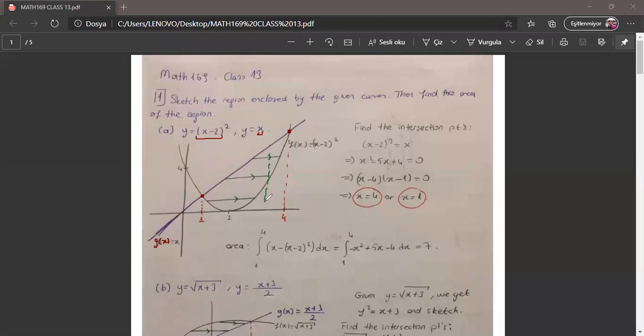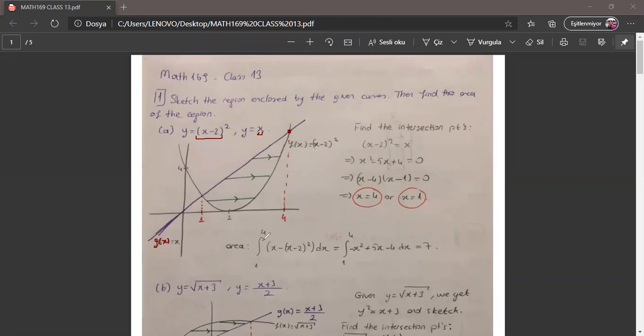For example, if you take this point, you see this is x, and on the curve you get this point, and on the line you get that. Okay, so using this idea, we get the order. So the first one is g, and the second one f. Okay, f of x. Now we have this integral.